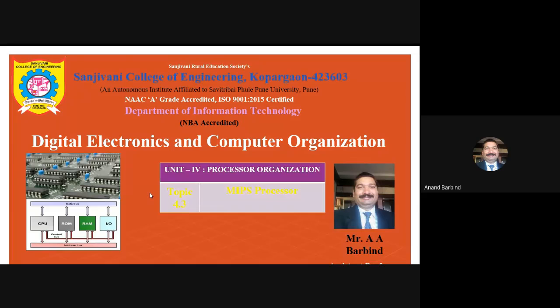So in the beginning, you may find it a little difficult to understand the architecture or the instruction set of this particular processor, because I am taking it the way it has been given in the book of Patterson, and because we need to cover it within the specified units.